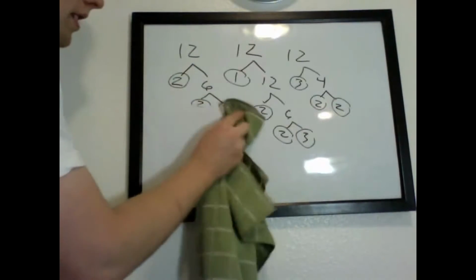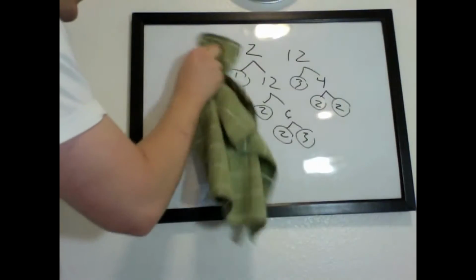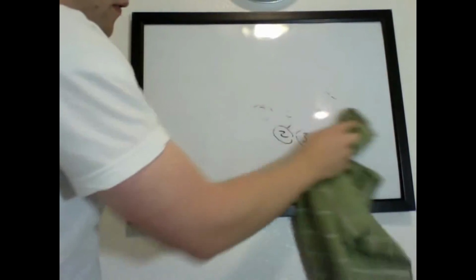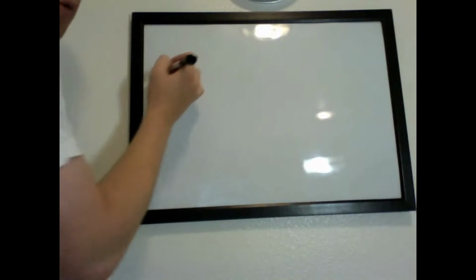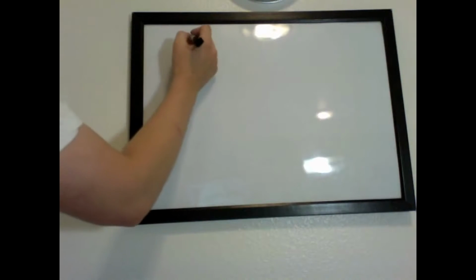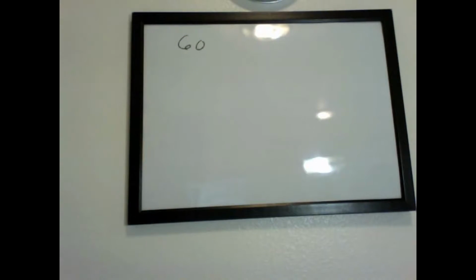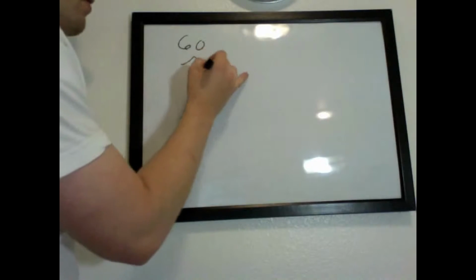There are multiple ways of breaking down this number, and these are called factoring trees, or branches. They help you find the prime numbers of the bigger number. So 60. Let's see what we can break this up into.